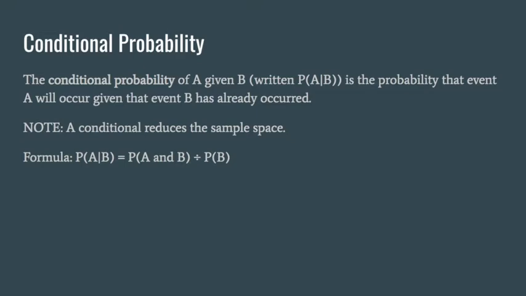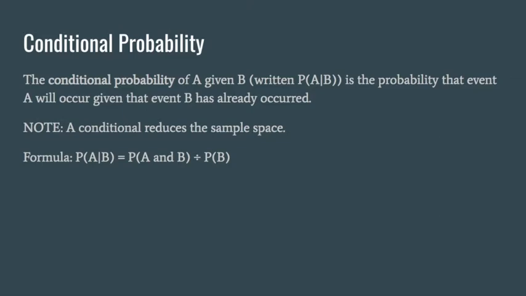Conditional probability is where we have two events, and we want to know what's the probability that event, for example, event A happens, given that event B has already happened. Okay, so if event A is for some reason affected by the outcome of event B, then we need to know that.